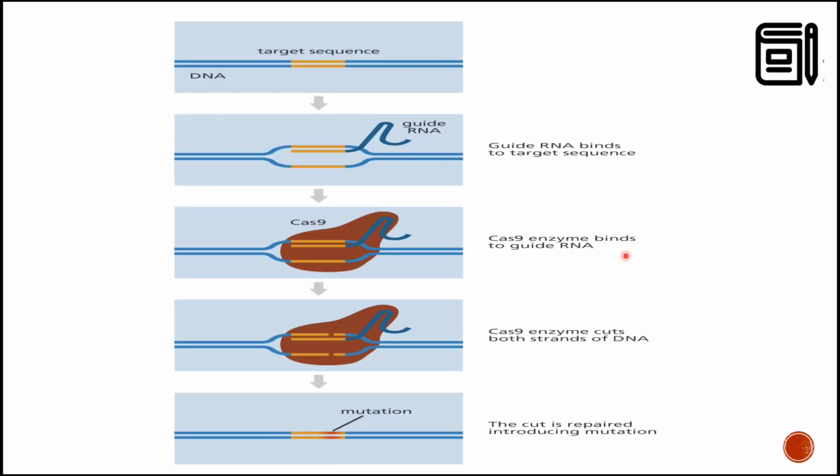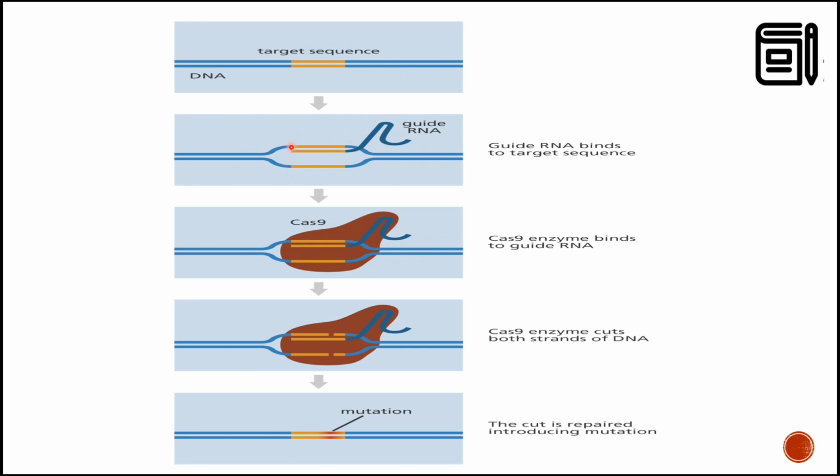Here is the diagrammatic representation, where we can see the DNA and this is our target sequence where we have to edit or introduce particular bases or changes. When the guide RNA is sent, it will bind to the complementary part. This guide RNA is made complementary to the target site, so it will bind only here.